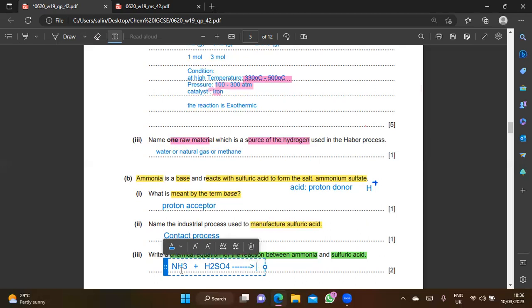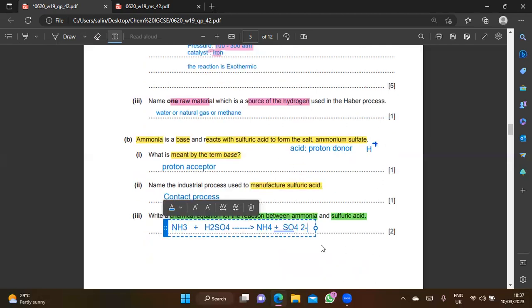Ammonia will become ammonium, NH4 plus, carrying the charge. And from the acid, you will have the sulfate, SO4 2 minus. There you go. If we combine them together, they will become ammonium sulfate.